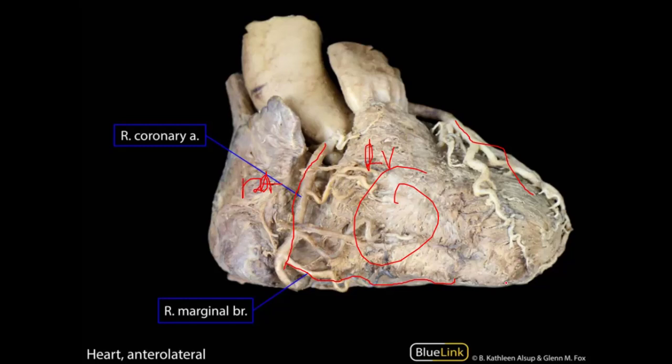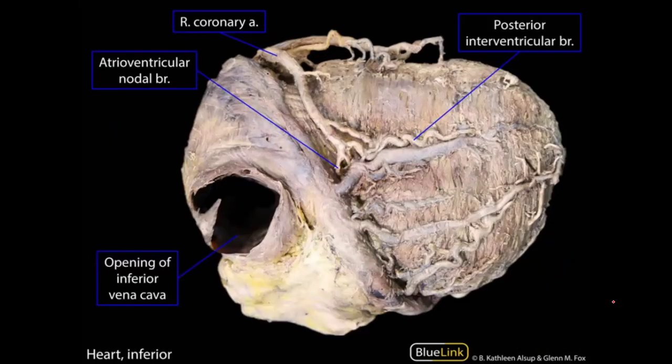You can see this notch here, which I said is the incisura apicis cordis, and at that point the left anterior descending anastomoses with the posterior interventricular artery. Incisura apicis cordis.